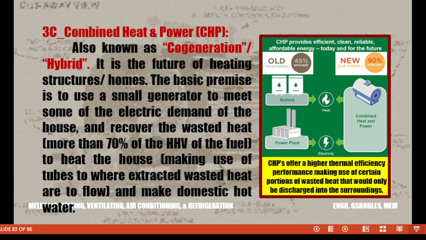So, there is not much waste. Around 70% of the higher heating value of the fuel used is reused. It is used to heat the air and the water inside houses. So, losses are reduced because we have recovery.